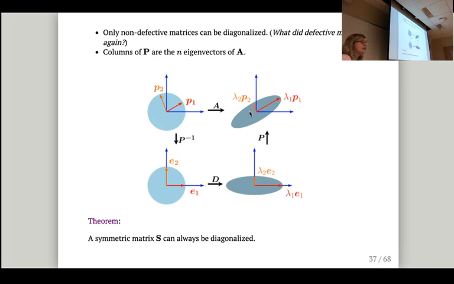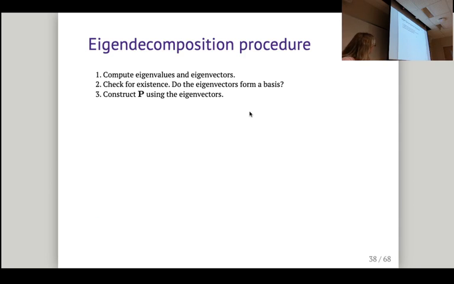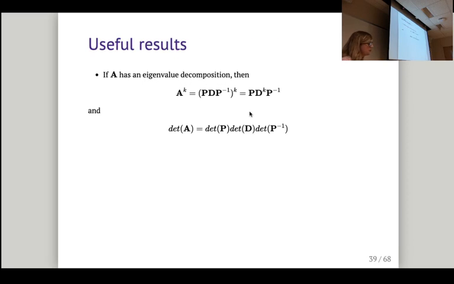Theorem: a symmetric matrix can always be diagonalized. Okay, so procedure, we can do this by hand. Better procedure, just do this in software. Here are some results related to this. If A has an eigenvalue decomposition, then we can raise a matrix A to some power K by taking this eigen decomposition.